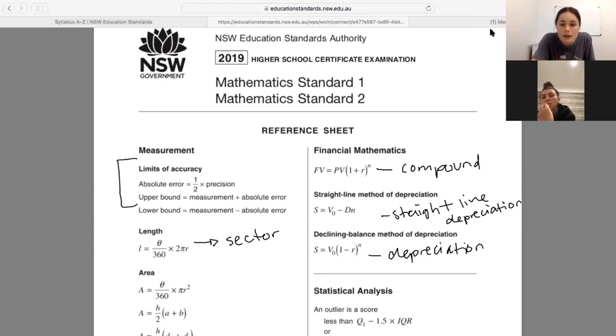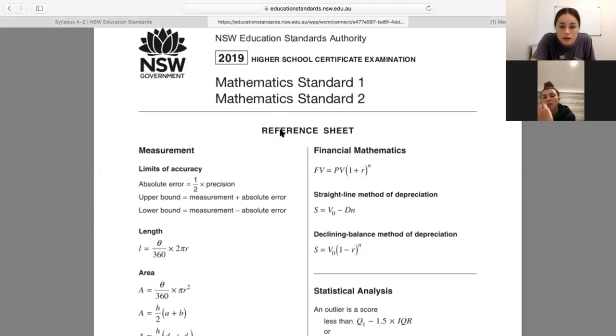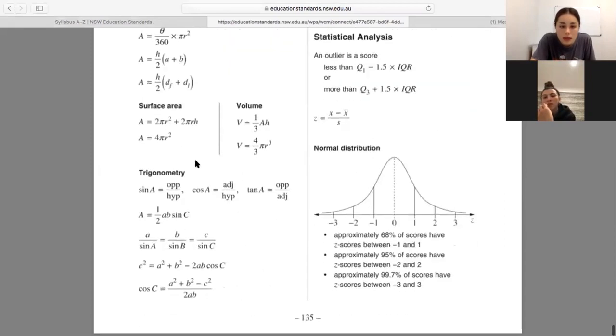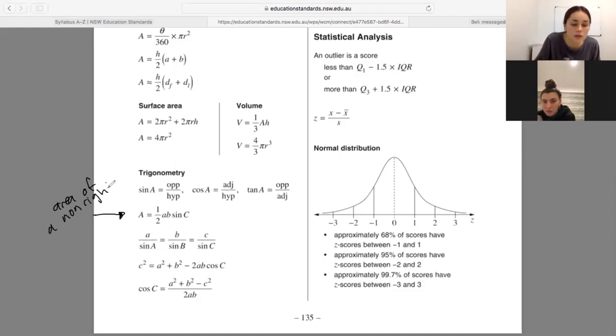Okay, and then now these ones down the bottom. Do you remember what each one is for? This one here. Do you know what that one's for? Area? Yeah. So area of a non-right angle triangle.